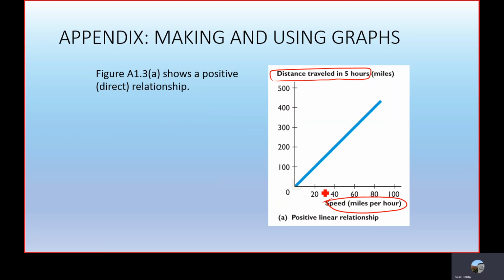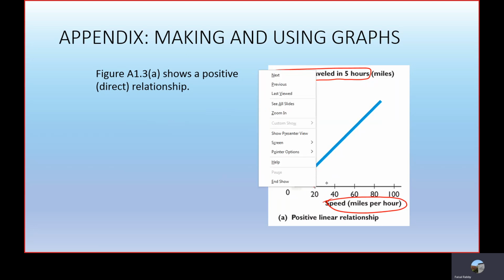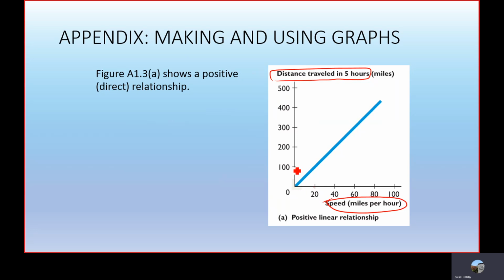For example, if somebody is driving a car at 20 miles per hour, in 5 hours they will cross 5 times 20, 100 miles. So in this graph of two variables, that relationship between 20 miles per hour and 100 miles could be shown by, for example, this point, point A, that is telling me that when speed is 20 miles per hour, distance crossed will be 100 in 5 hours.